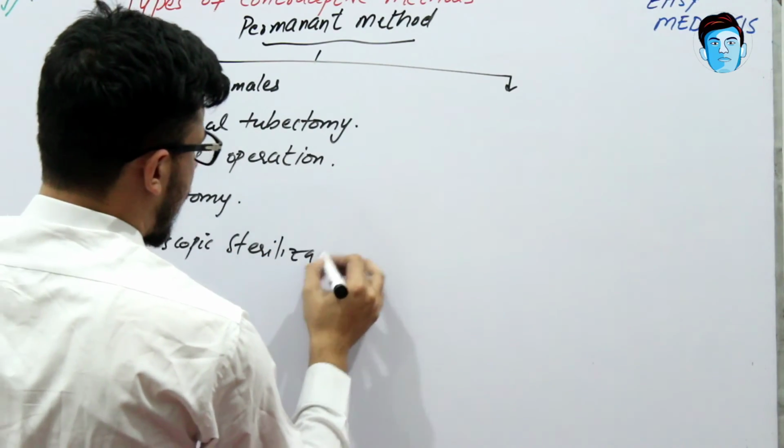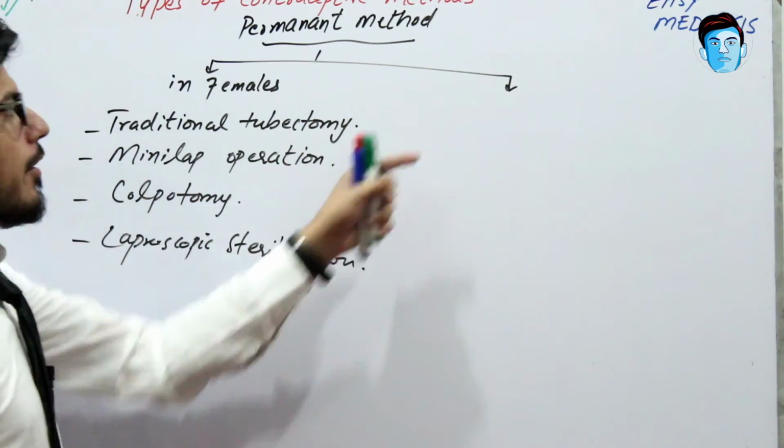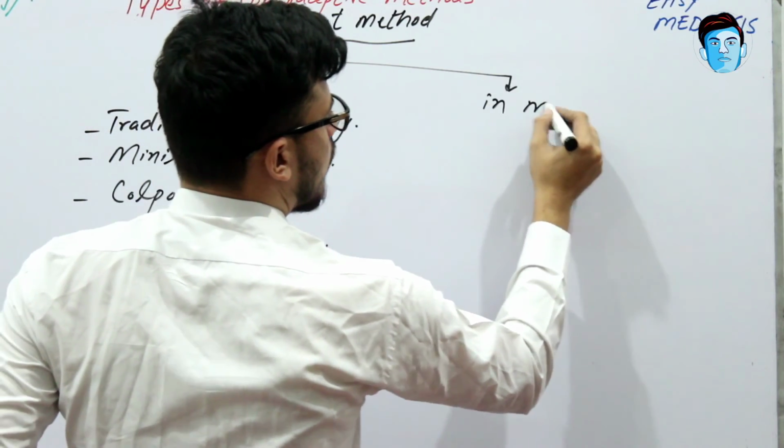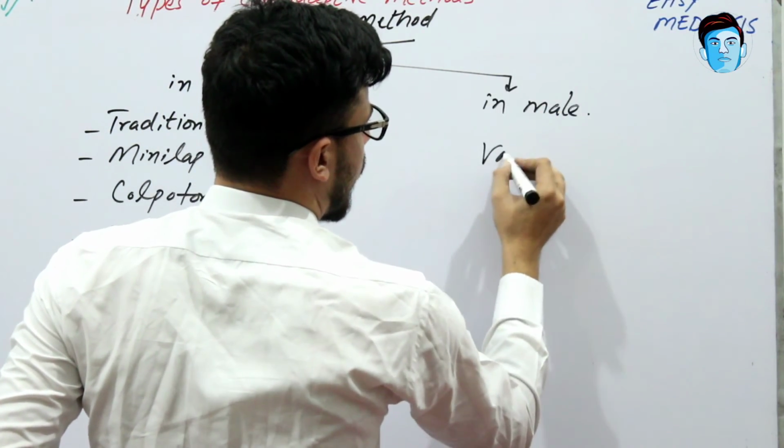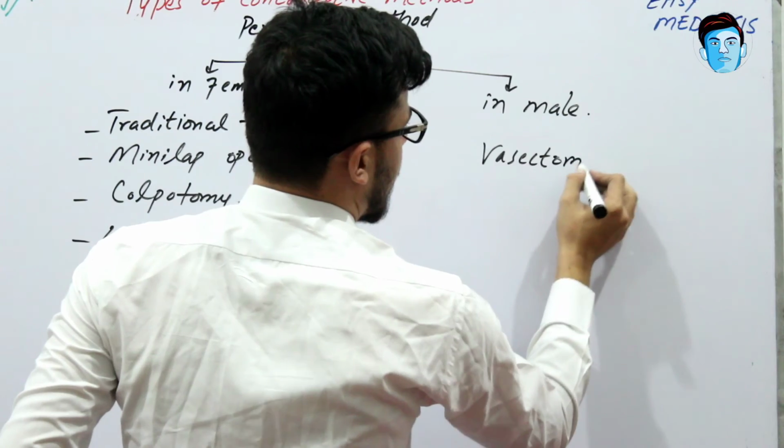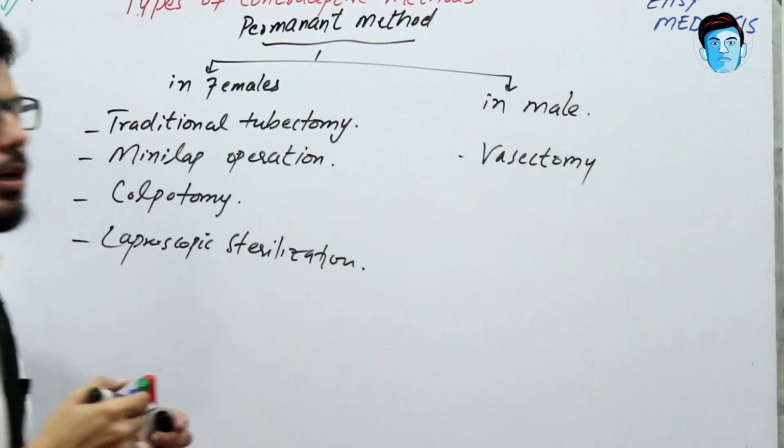While in males, there is vasectomy. So vasectomy is the permanent method of contraception in the male.